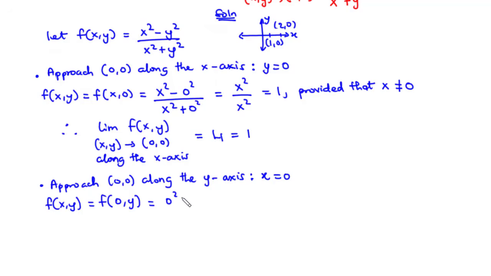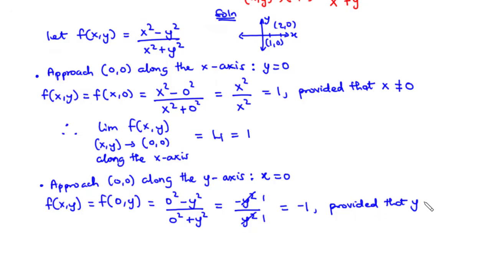So we have 0 squared minus y squared divided by 0 squared plus y squared, and that is equal to negative y squared over y squared, and this cancels out, and then we are left with negative 1, provided that y is not equal to 0. If y is equal to 0, this becomes indeterminate. So we say that along the y-axis, we have the limit to be equal to negative 1.